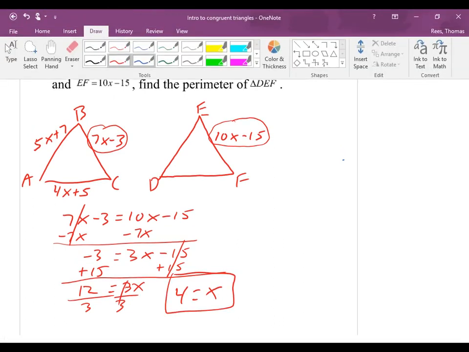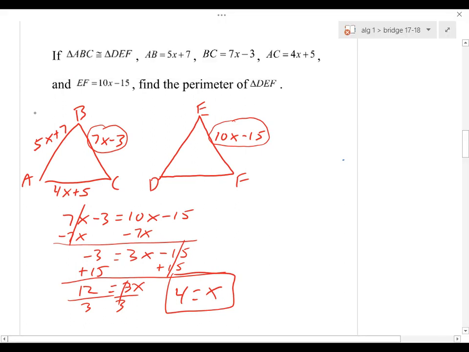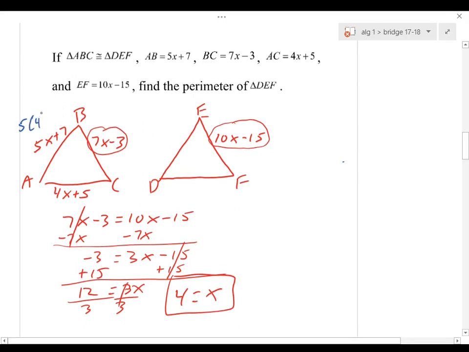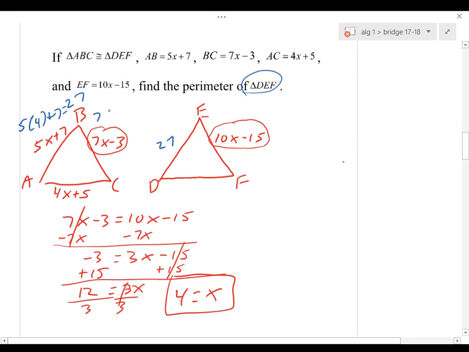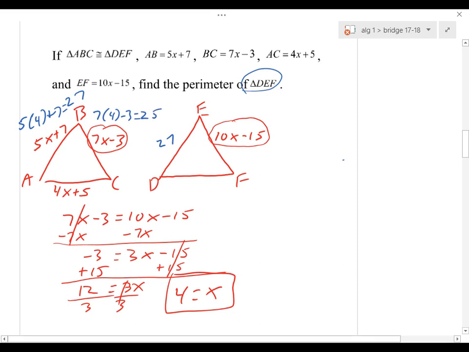Now I can take that value for x and plug it in. So we have 5 times 4 plus 7 equals 27. So I know the corresponding side is also 27 because we need to find the perimeter of DEF. And we do know that AB is corresponding with DE. Okay, now I plug in here. I have 7 times 4 minus 3 equals 25.